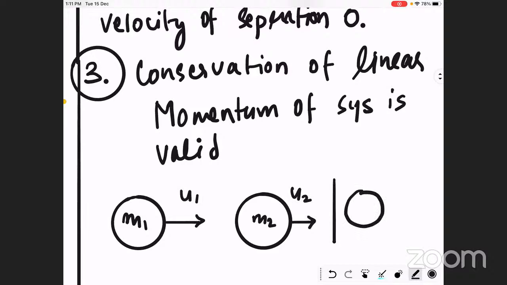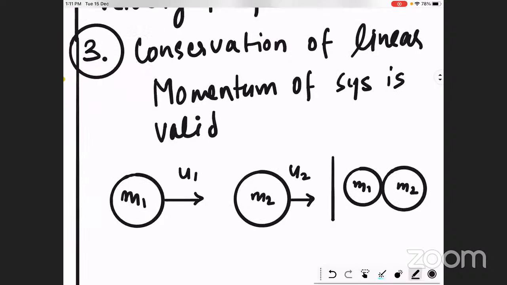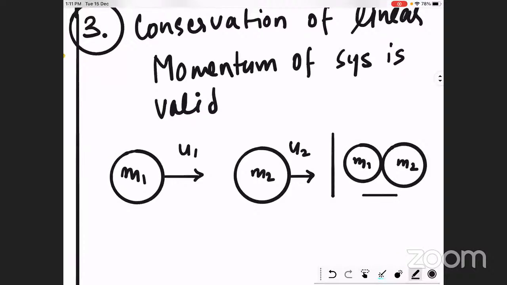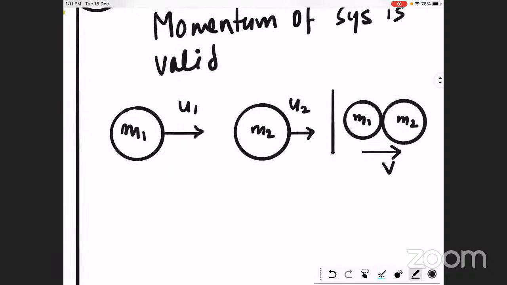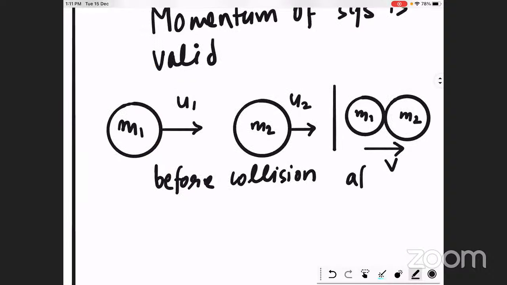Believe me, this is the easiest collision. After collision they will move together. They will become a single body, m1 and m2, and they will move with a common velocity. This picture is before collision. This picture is after collision.